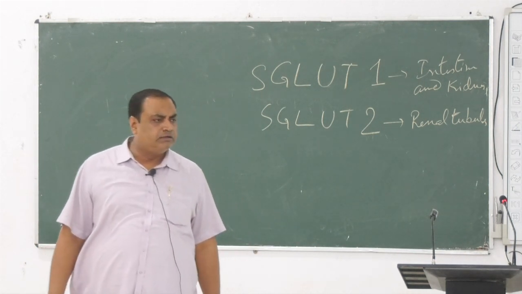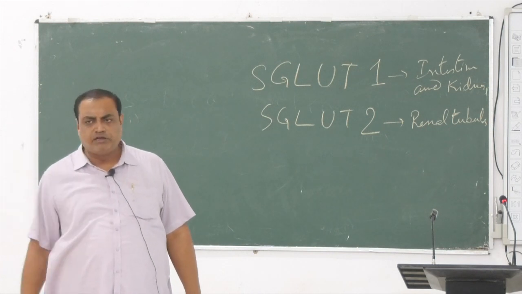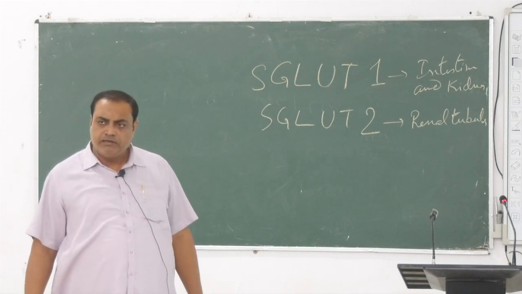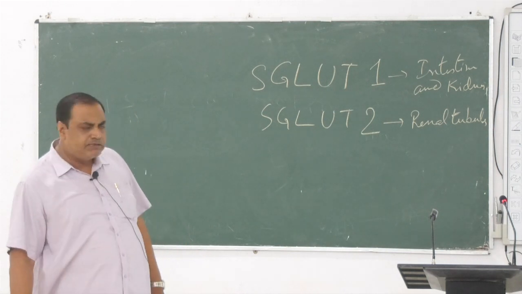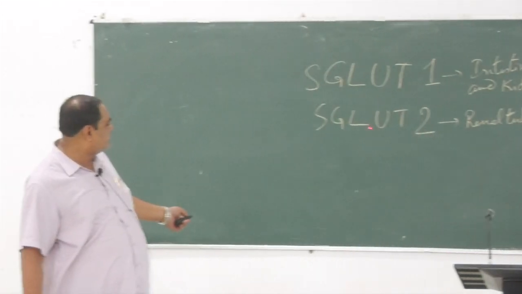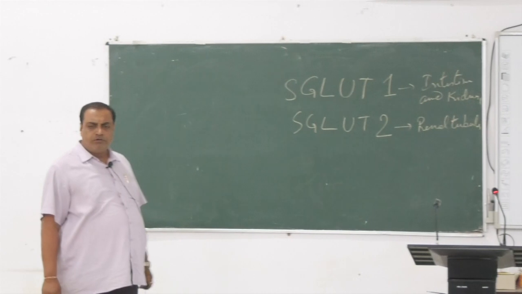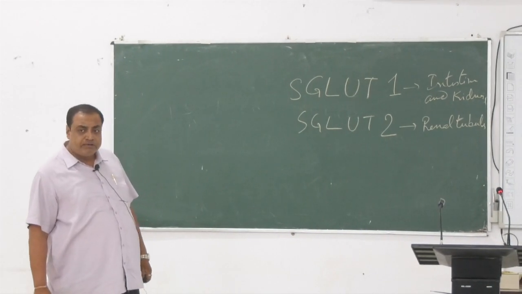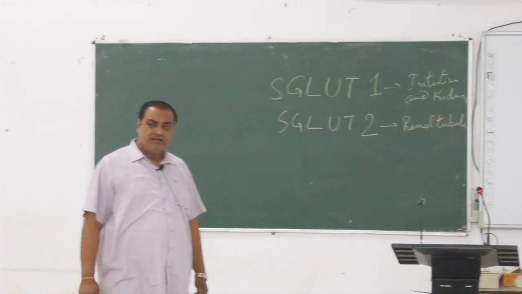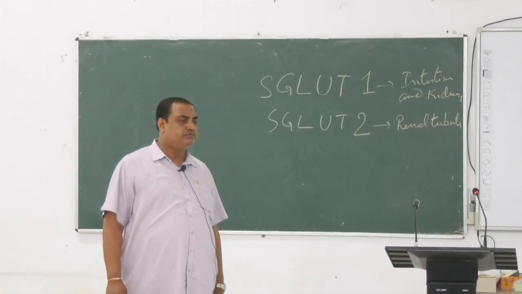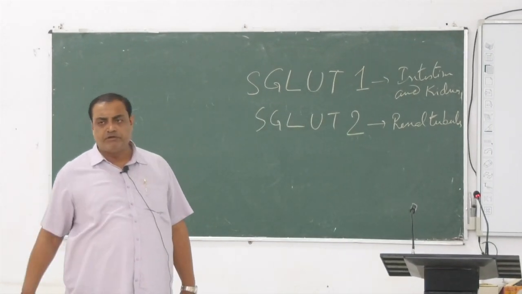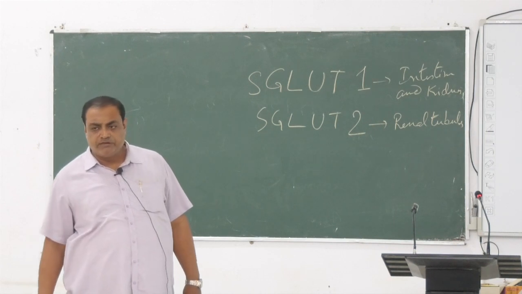It just requires sodium to get active. That's all. Okay? The other form is again in the kidney. What is the function of this? Reabsorption of glucose, reabsorption of glucose from the filtered liquid.